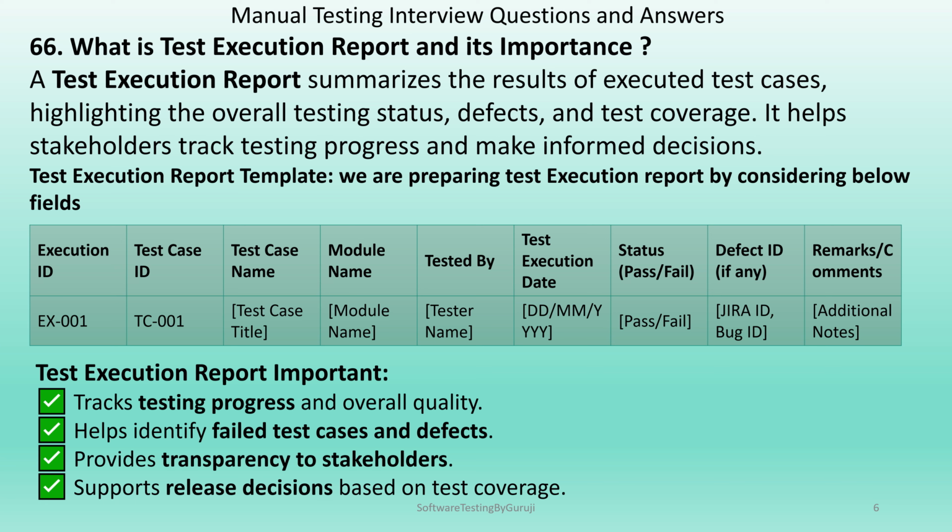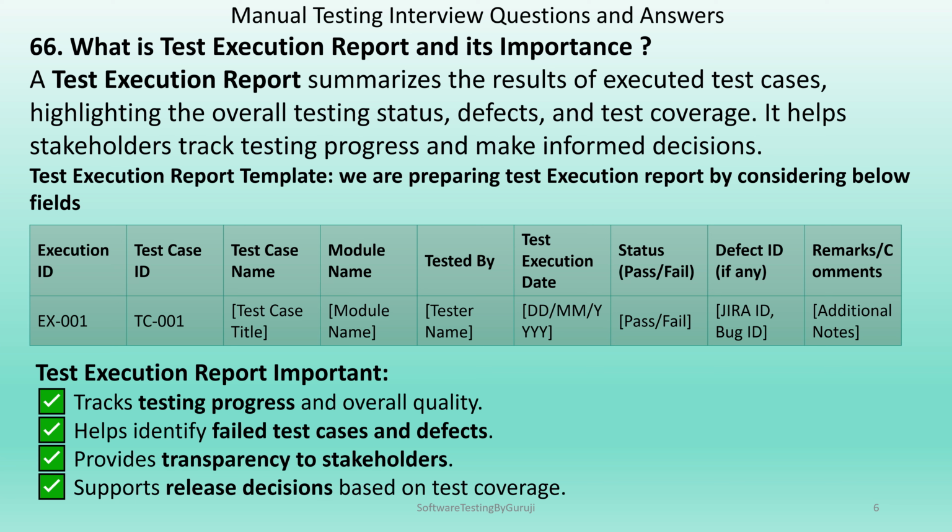Next question is, what is a test execution report and its importance? A test execution report summarizes the results of executed test cases, highlighting the overall testing status, defects, and test coverage. It helps stakeholders track testing progress and make informed decisions.